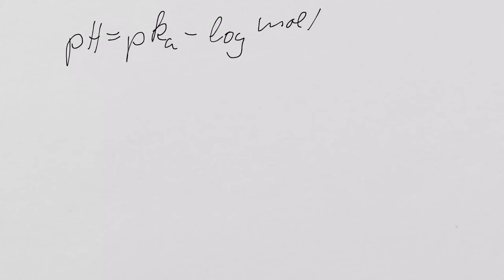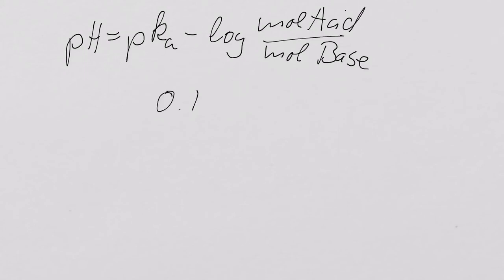pH equals pKa minus log mole acid over mole base. We've got 0.1 mole for the acid and base.